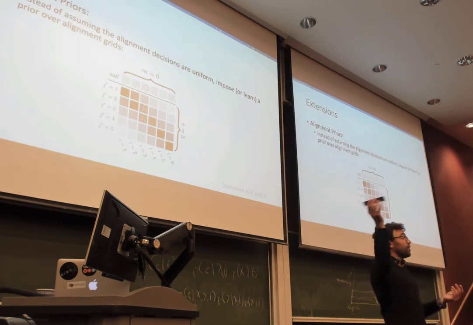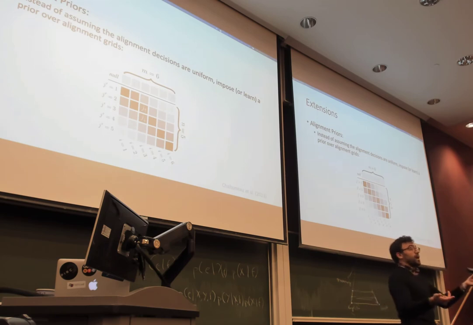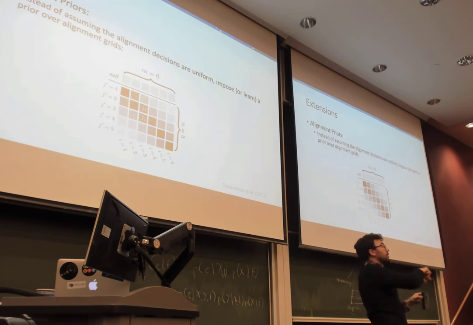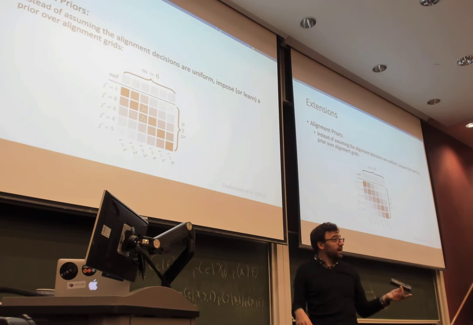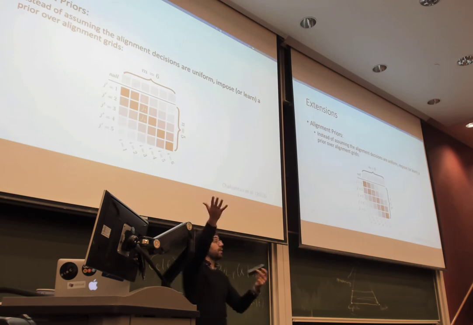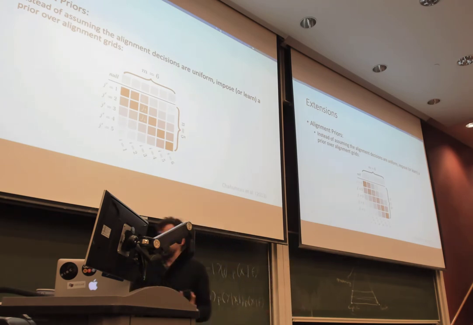The point is that very often translations tend to be fairly monotonic, especially if you're translating between related languages. So imposing such priors that assign higher probability along the diagonal, like this work did with what's called fast align, which is actually out of CMU, you can do a lot better because you start with a better prior, so you have a better alignment, and that leads to better model performance later.